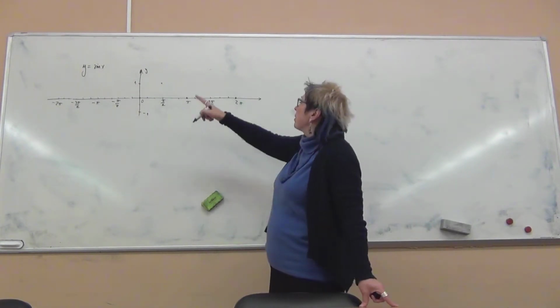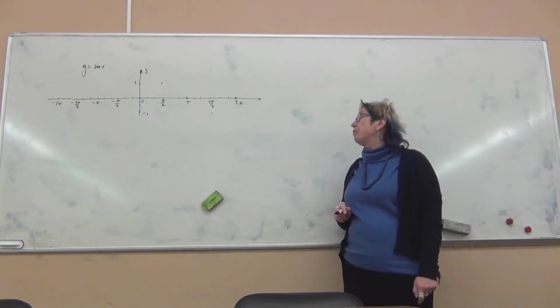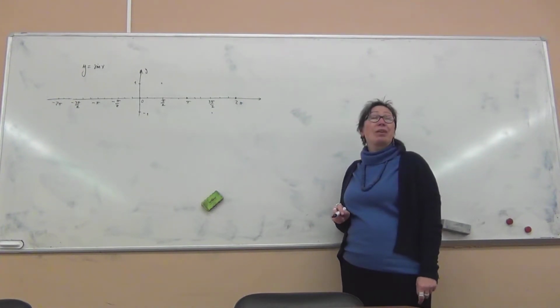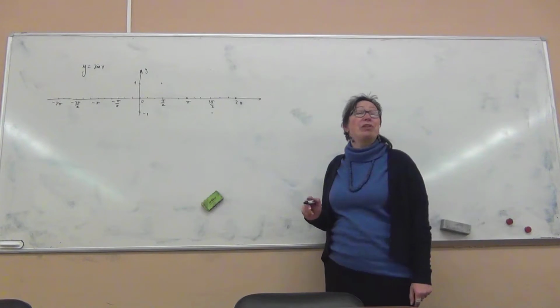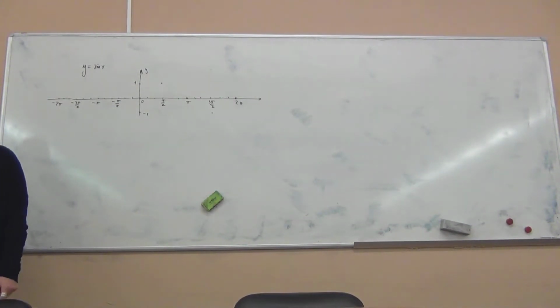So we have some points, but if we just connect these dots, then we will get some zigzag kind of line. So some extra values of sine would be good. For example, we remember that if x is pi over 6, that's 30 degrees, then at that point the sine value is 1/2.